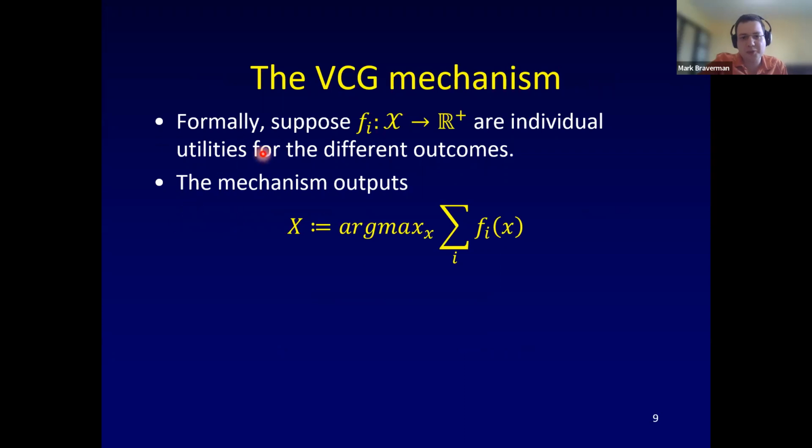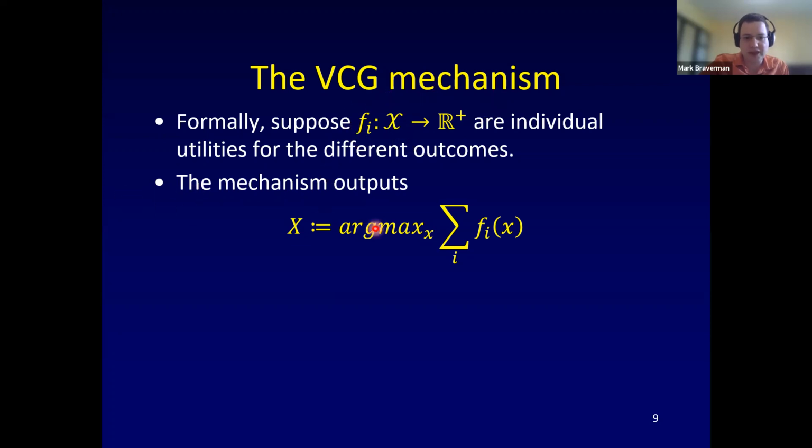So formally, we suppose that there is some outcome space X. This is the space over which we do the optimization. Let's say each individual has a utility f_i from the space of outcomes to the space of, say, positive reals. Here it's a mechanism with money, so this is denominated in units of money. When we talk without money, the first question to ask is what are the units, but here the units are units of money.